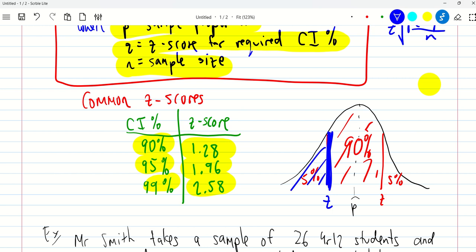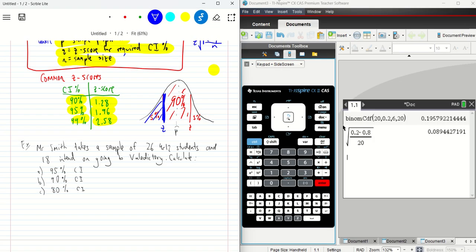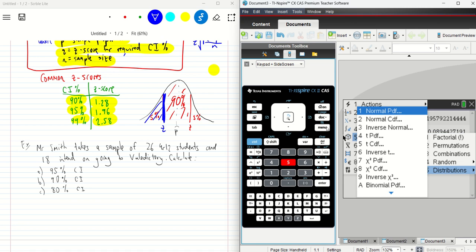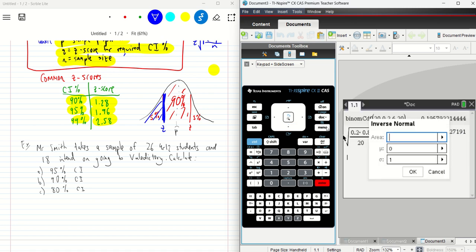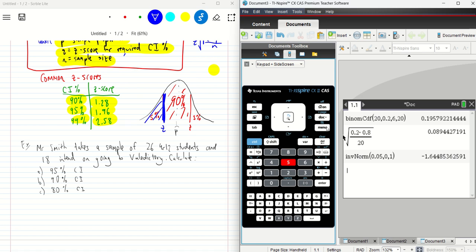Let's have a look at that quickly, we're going to use this in a second. If we go menu, distributions, inverse normal, because this is a normal area, 0.05 with mu of 0 and standard deviation of 1, then we get negative 1.64. Why did I get that wrong? What did I do wrong there?